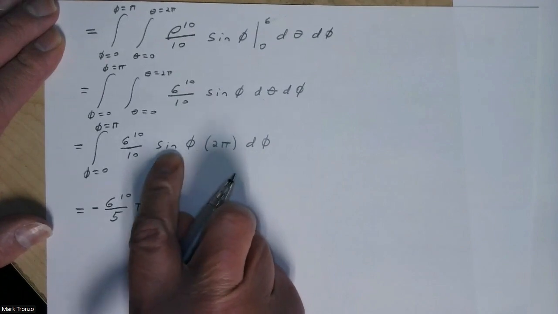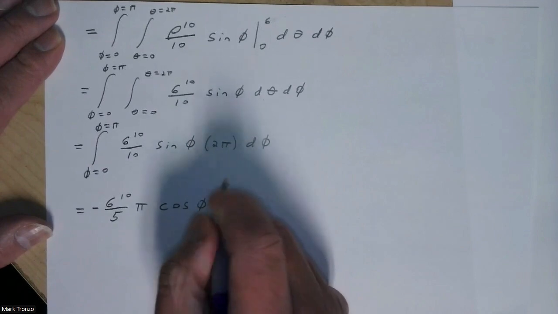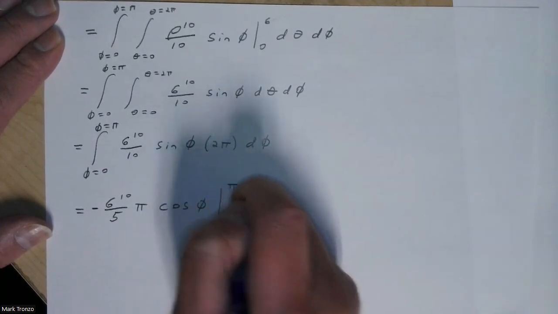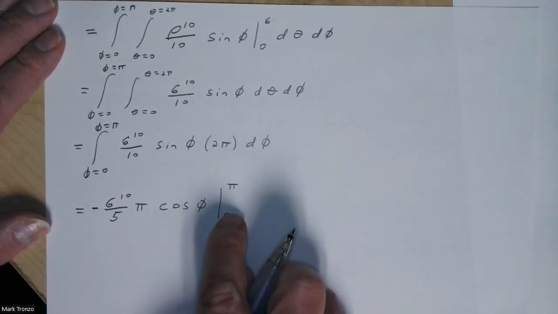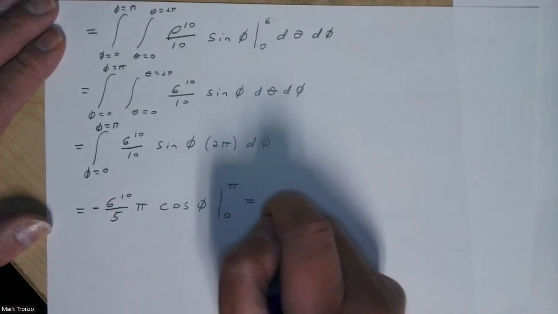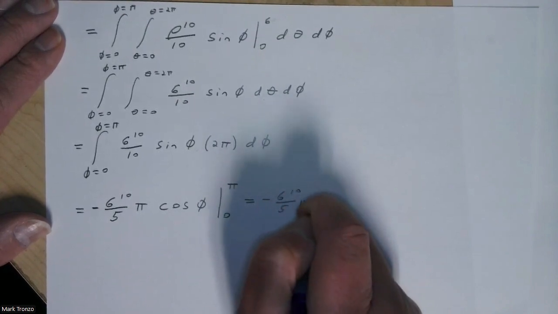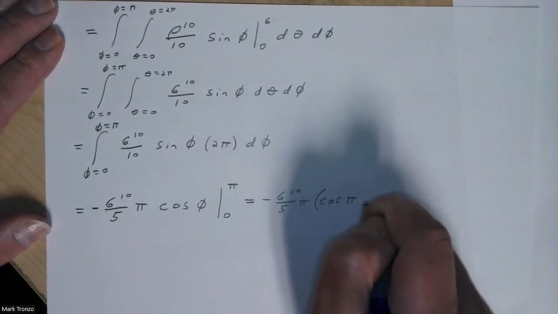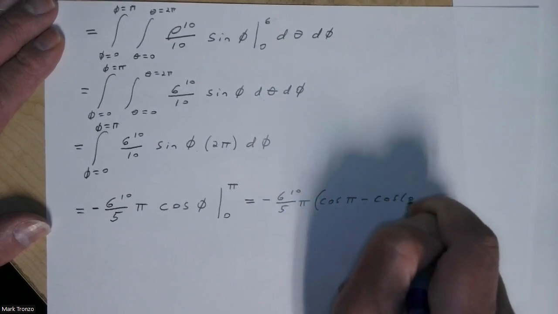Again, integrate this, you get a negative cos, like this. And put in the bounds. That'll be cos pi minus cos 0.